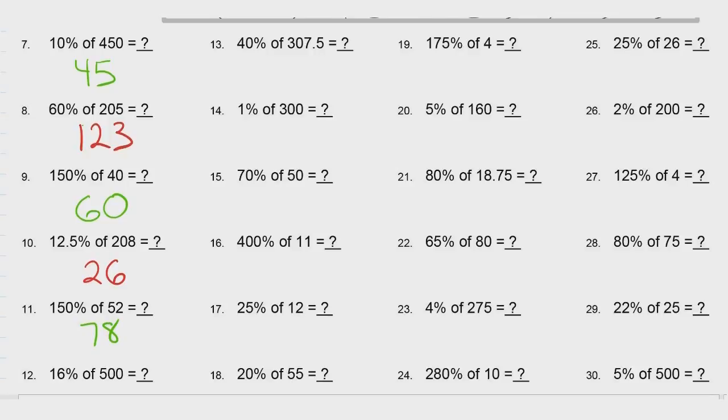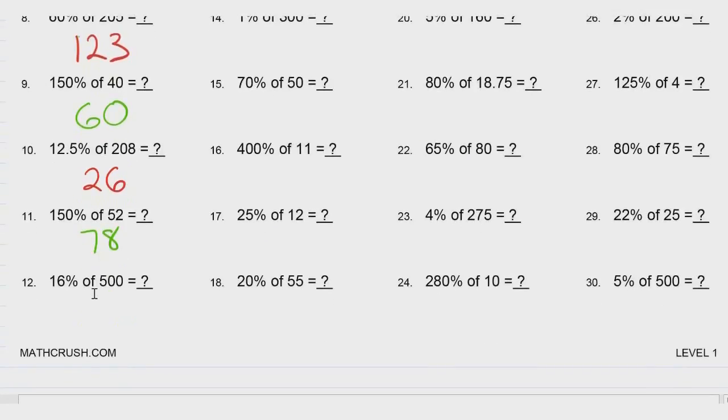You got those two. Problem 12 says 16% of 500.